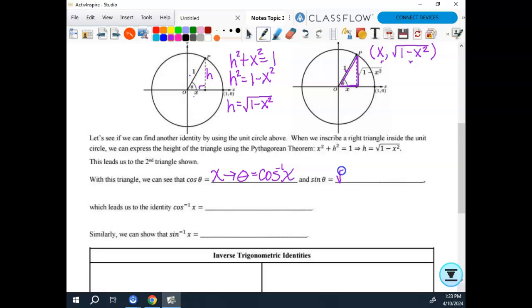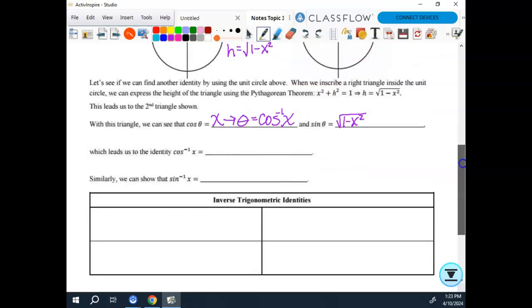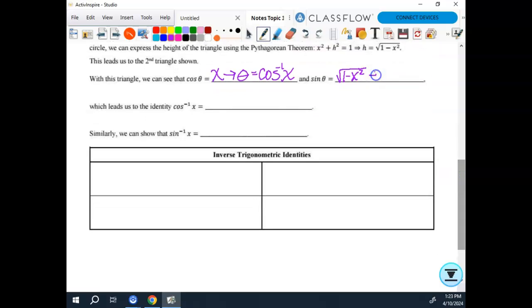It's equal to the square root of 1 minus x squared. Therefore, if I want theta, when I take the sine inverse of both sides, theta is equal to the sine inverse of the square root of 1 minus x squared.